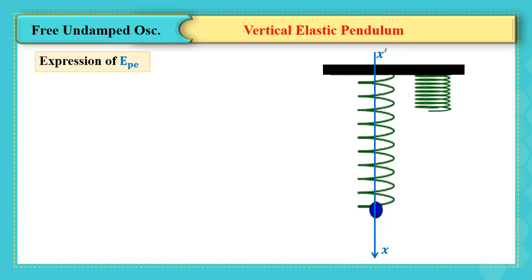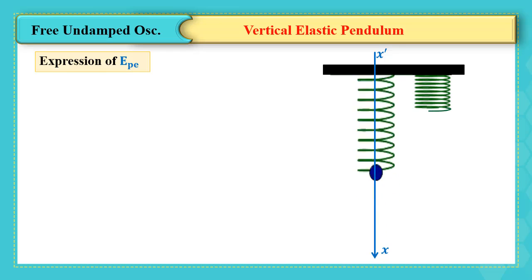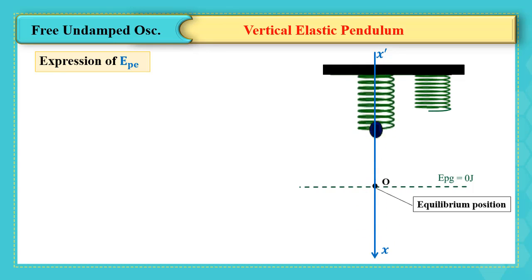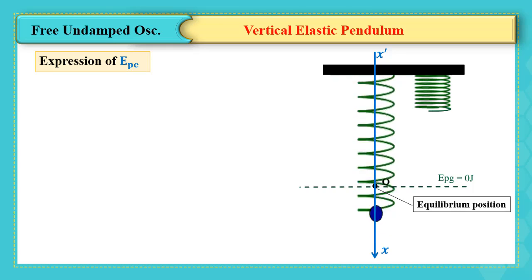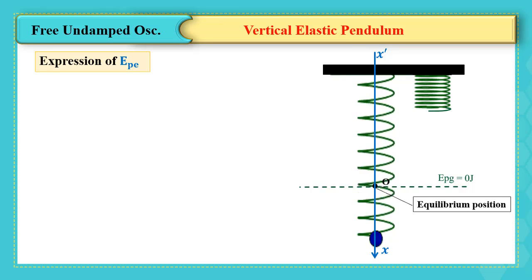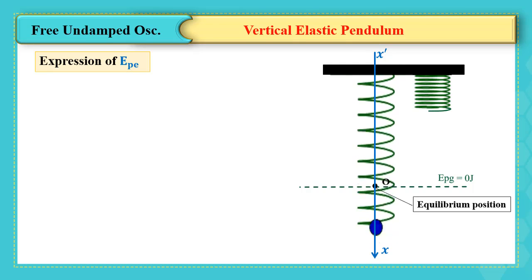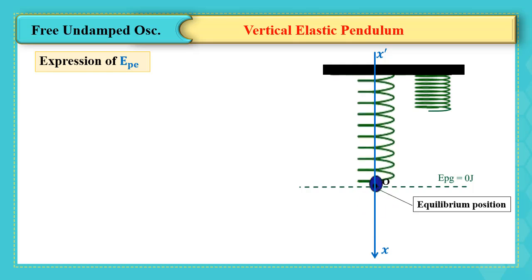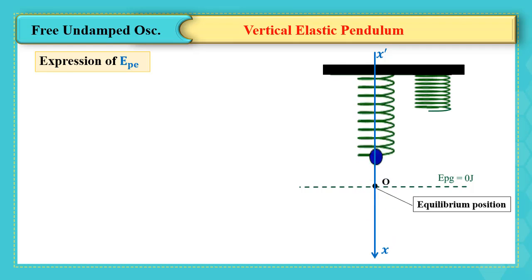So, consider the x'x axis vertically downward as it's taken before, and the horizontal plane passing through the center of mass G of the solid at equilibrium as the reference level of the gravitational potential energy. Now, to find the expression of the elastic potential energy, we should ask a question. Will the expression of the elastic potential energy vary whether this particle S is above or below the equilibrium position?